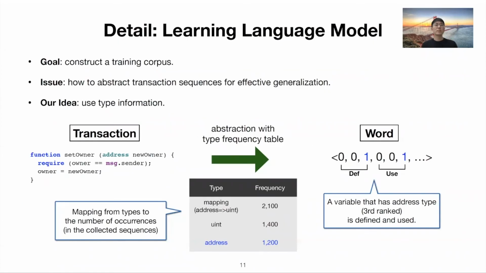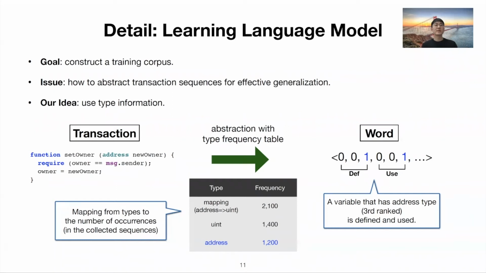Now, I will talk about technical details of learning and testing phases of SmarTest. In our work, we use the N-gram language model. In N-gram models, the probabilities can be computed by using N-gram counts. Therefore, the goal of the learning phase is to construct a training corpus where we can obtain N-gram counts from it.